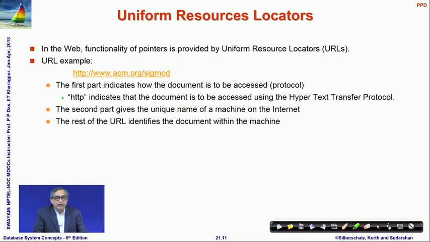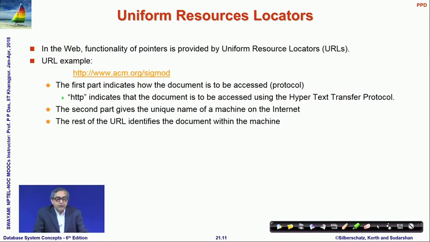All of you would be familiar with URLs, but let us look at the different components. The first component, HTTP:, tells us the way the content would be accessed, and this is typically called a protocol. HTTP stands for Hypertext Transfer Protocol.